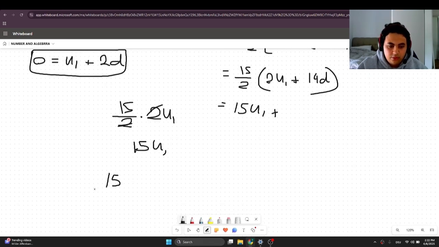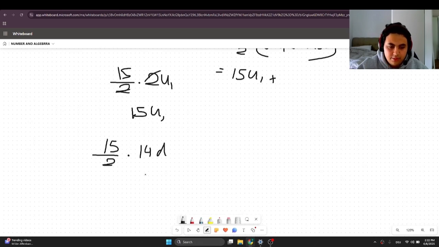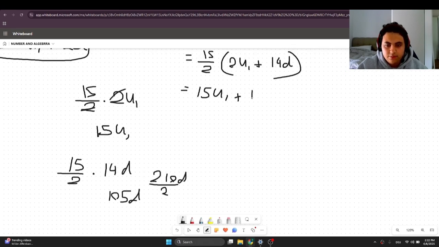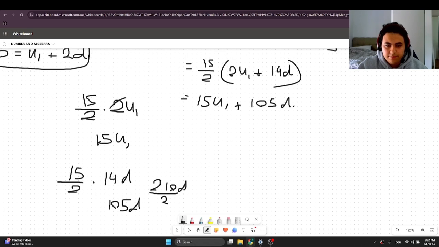So 15 times 14 gives us 210, and that's divided by 2. So 210d divided by 2, which is 105d. So this will be 105d.